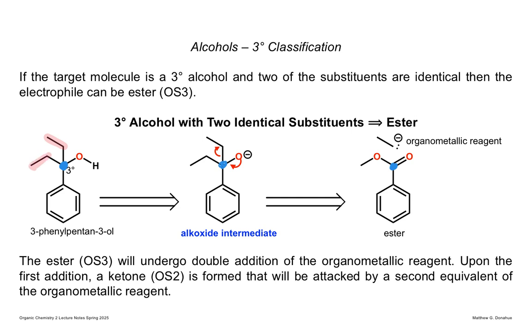You have 2 ethyl groups. When you have a tertiary alcohol with 2 of the exact same substituents, those can come from an ester. So if you look at what you're starting with, that compound is called methyl benzoate.